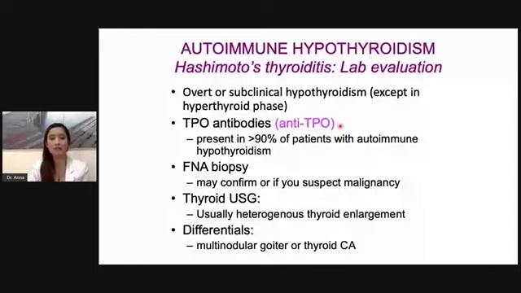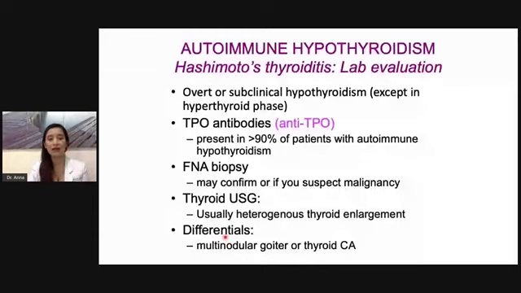You may confirm this with an FNA, or fine needle aspiration biopsy. We also request a thyroid ultrasound exactly to look for nodules that could be potentially malignant, but usually we find a heterogeneous thyroid enlargement. Let's say the ultrasound results read diffuse parenchymal disease. Differential diagnosis could be multinodular goiter or even thyroid carcinoma.